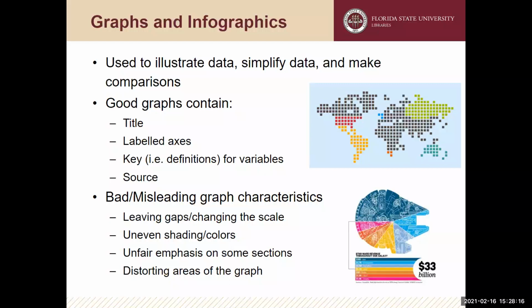It may give you uneven shading or colors, or an unfair emphasis on some sections of the graph, or distort some areas of the graph, if it's really trying to draw your attention to a certain area, even if that value may not be all that much different than another one. It may be something we need to look at a little bit further.